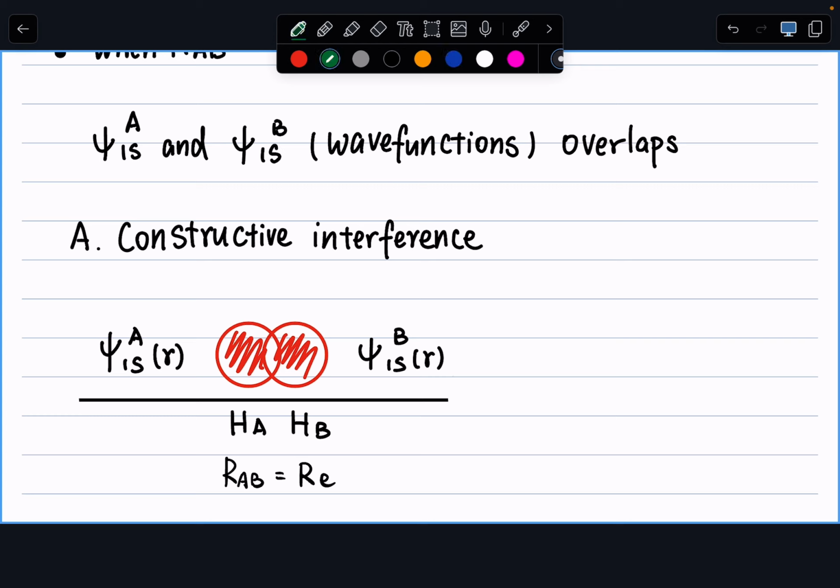On the left-hand side, we have my nucleus 1, and on the right-hand side, my nucleus 2, so that's my HA and HB. Now, in between my two atoms, we have electron density between atoms. And thus, for this constructive interference, we call it a bonding molecular orbital.